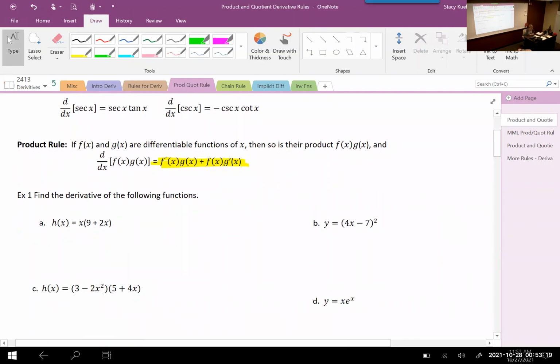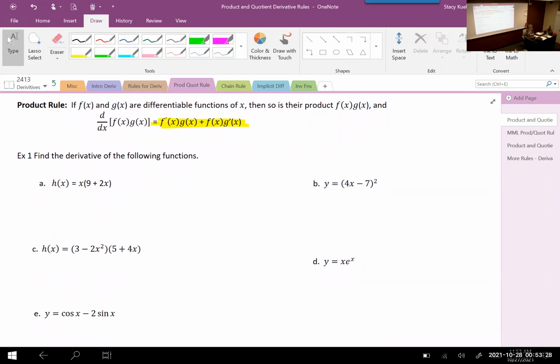Now, let's look at this first example here, x times 9 plus 2x. That's the first function we want to take the derivative of. We know that the easier method in this particular case would actually be to distribute that x, get rid of the parentheses, and take the derivative using the sum and difference. That would be way easier than using the product rule, but we're going to practice the product rule on something easy first, okay?